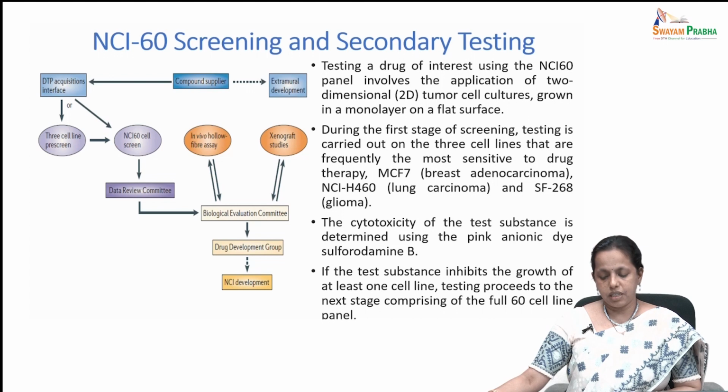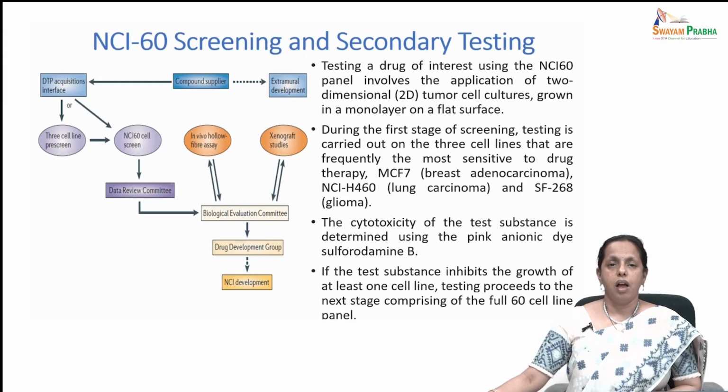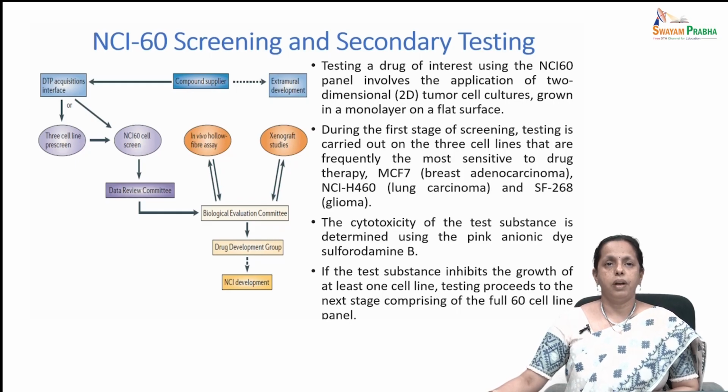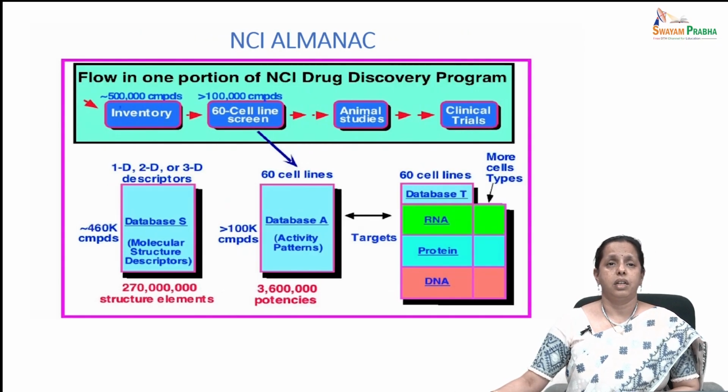If the test substance inhibits the growth of at least one cell line, testing proceeds to the next stage, the full 60 cell line panel. So, this gives a complete idea of how the drug development group works and how the NCI uses cell lines as a preclinical model during anti-cancer drug discovery.